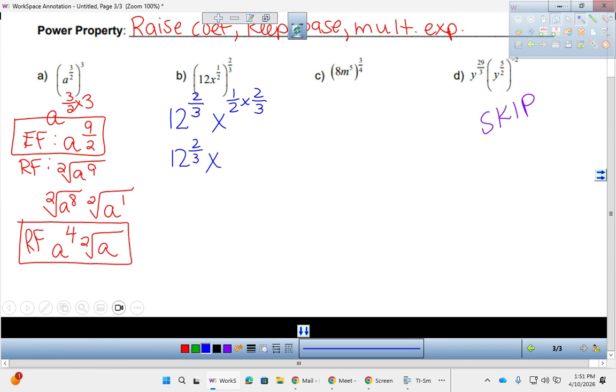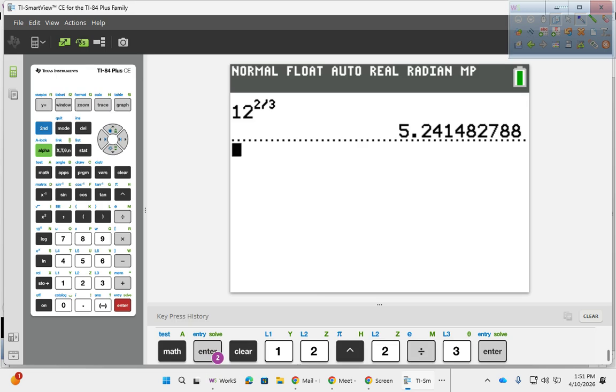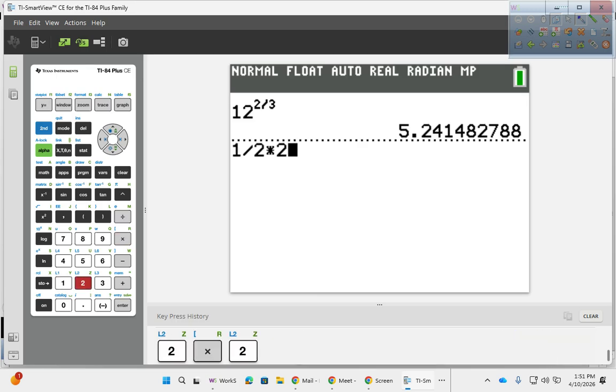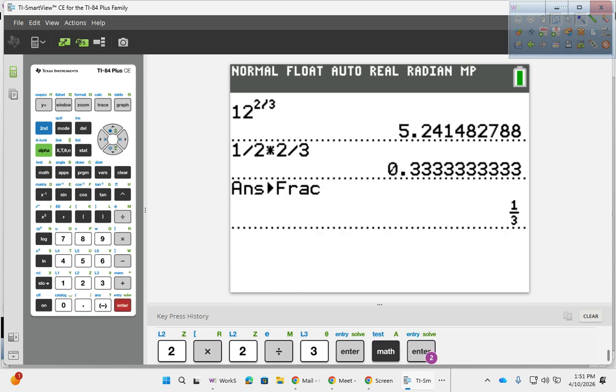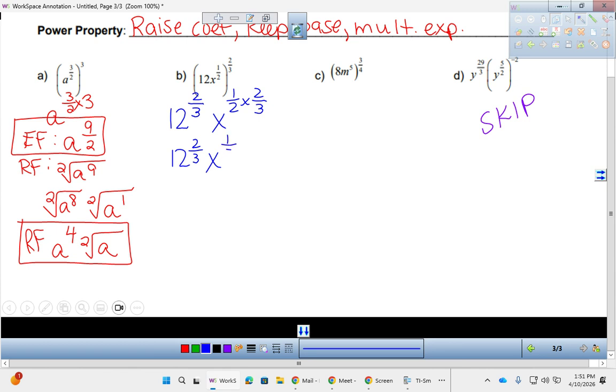And then I'm going to do 1/2 times 2/3. 1/2 times 2/3. Math, enter, enter. 1/3. This is called exponential form.